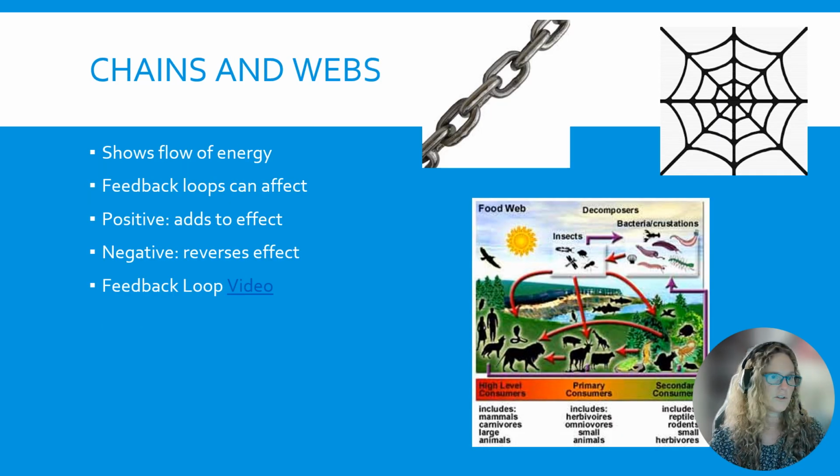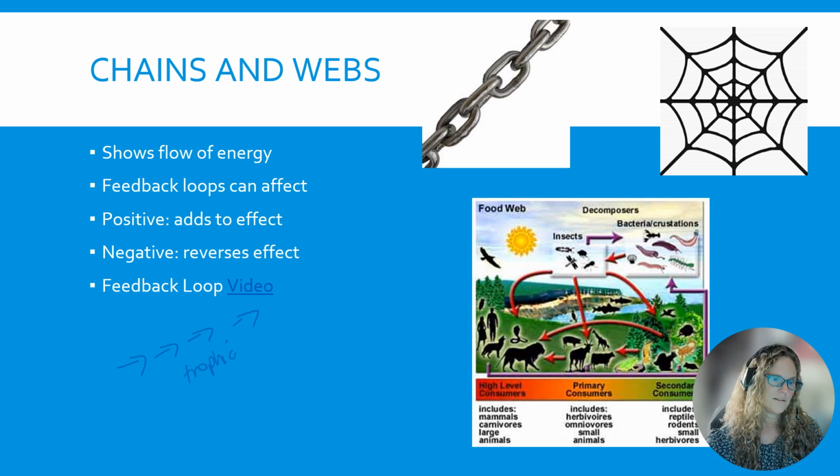Okay, so the food chain kind of shows what eats what, so that's very much aligned with the trophic levels. And the food web is just a more complicated trophic level indication because lots of things eat lots of different things. So it shows what level is being eaten by and what's consuming and what's being consumed.